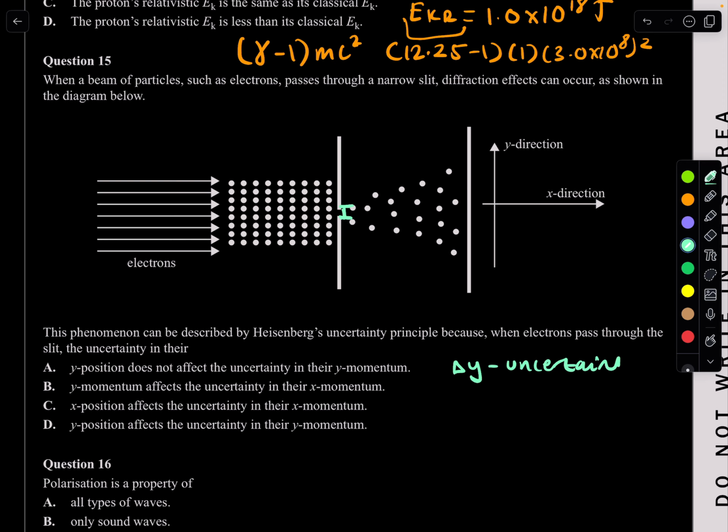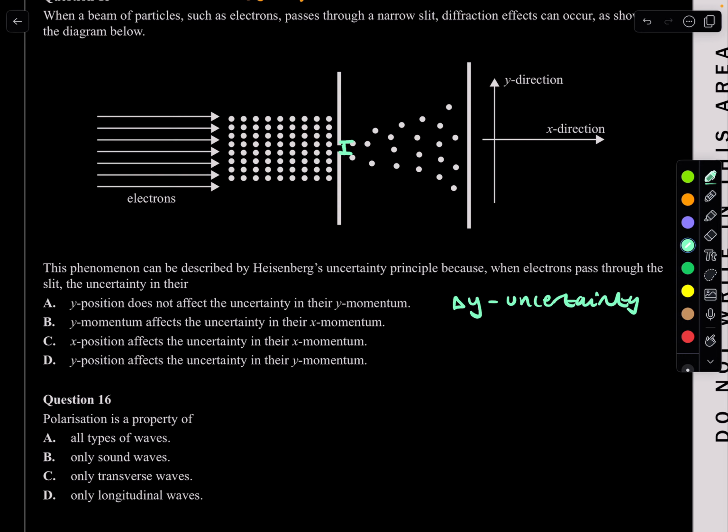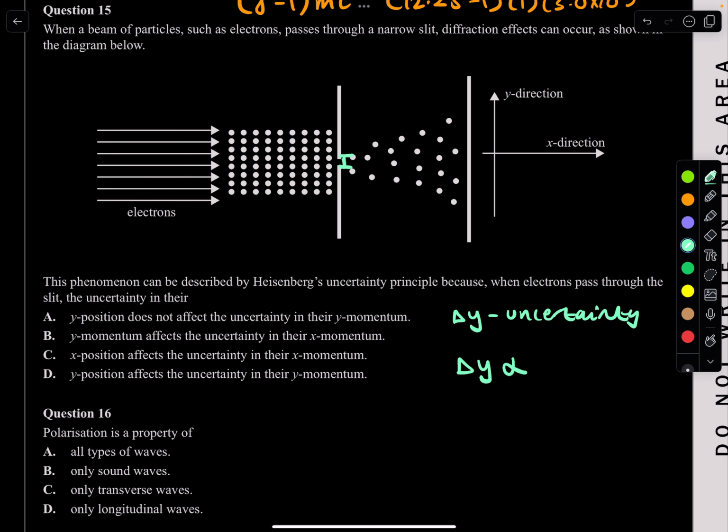And if you don't know, by Heisenberg's uncertainty principle, this is the key. The uncertainty in the position y is always related to the uncertainty in the momentum in the y direction. So for example, what do I mean?